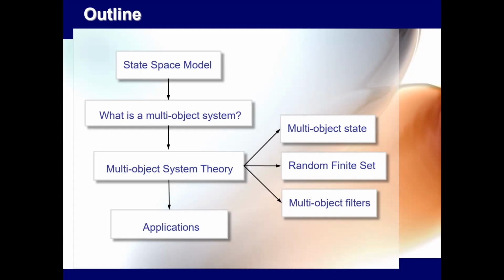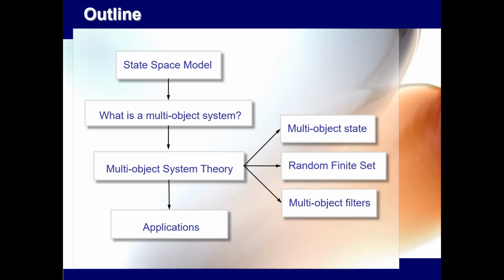Then I will move on to a gentle definition of the system by looking at some examples out there, then to the mathematical formulation of the object, and then the filter that I use to try to reduce the uncertainty, the randomness of the system.